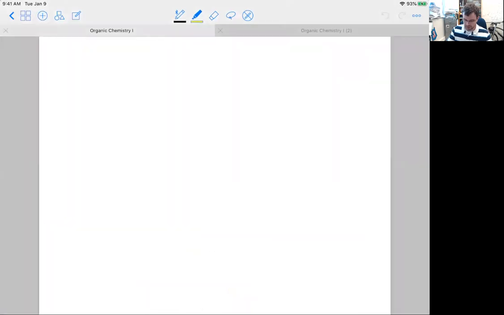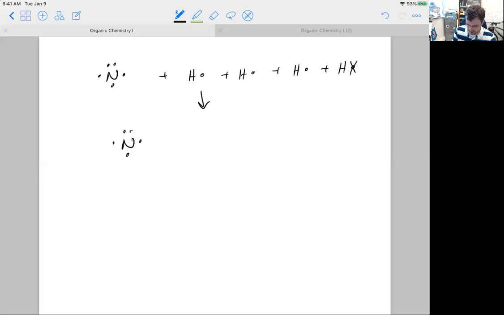Now, another way to do this is to take nitrogen and leave it alone, and instead focus on the 4 hydrogens, and cross 1 electron out. What that gives us is nitrogen with 3 H dots.